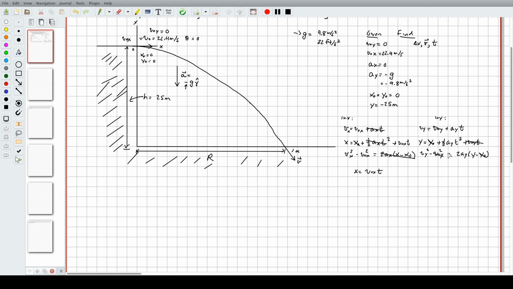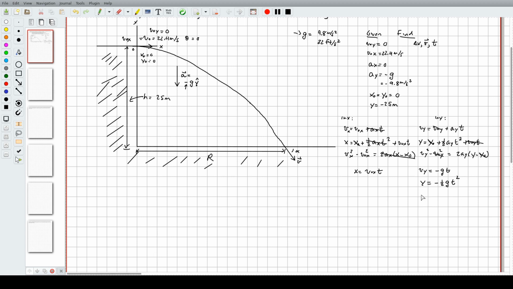Okay. So if I were to rewrite these equations down here, vy is equal to minus g times t. See what I did? For ay, I'm putting in minus g. y is equal to minus 1/2 g times t squared.